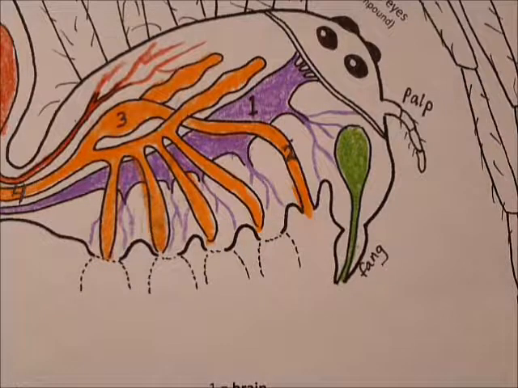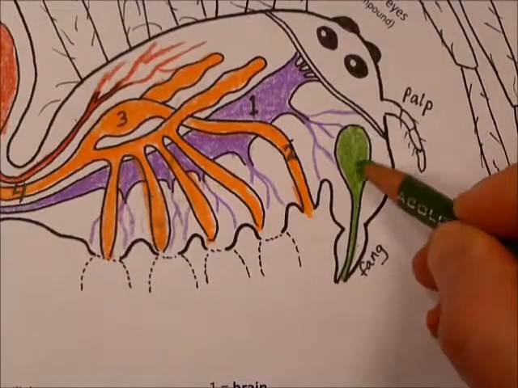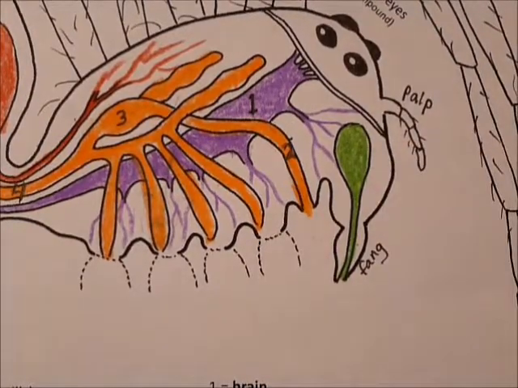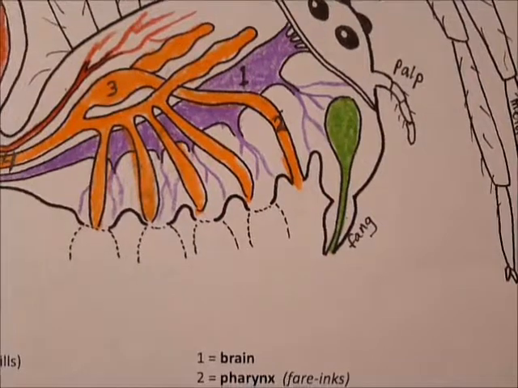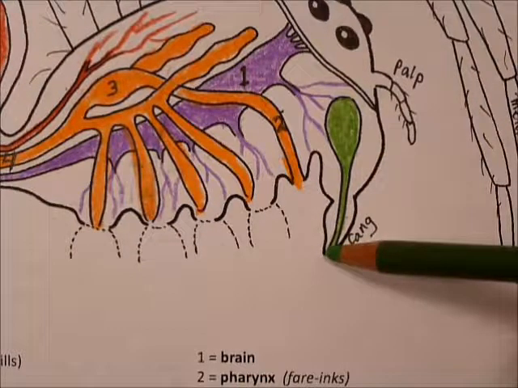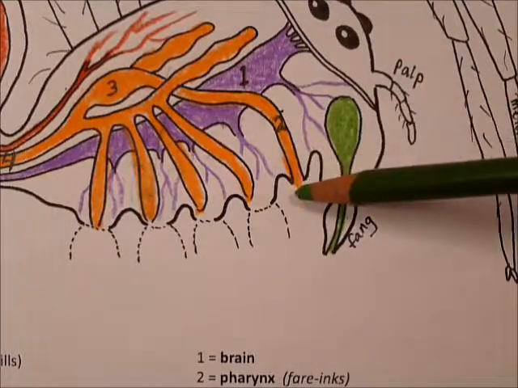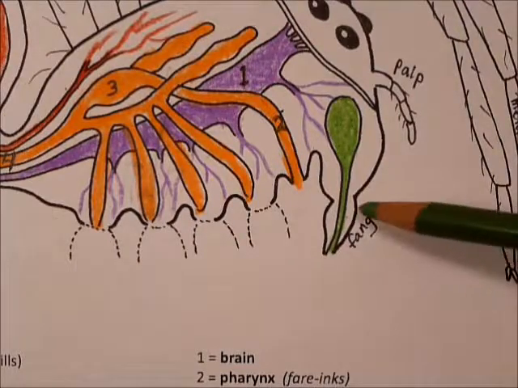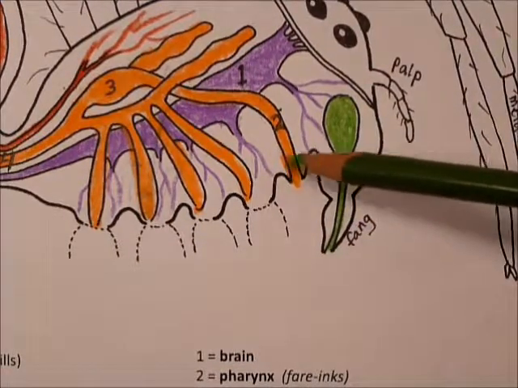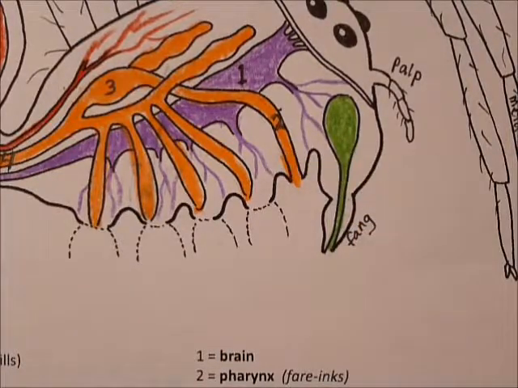Of course, we only see one here, sliced in half. So the venom is what's used to paralyze or kill the prey, and then the digestive juices here, coming out here, are used to digest it. So we have two different chemicals being pumped into its prey, one to paralyze it and one to digest it.